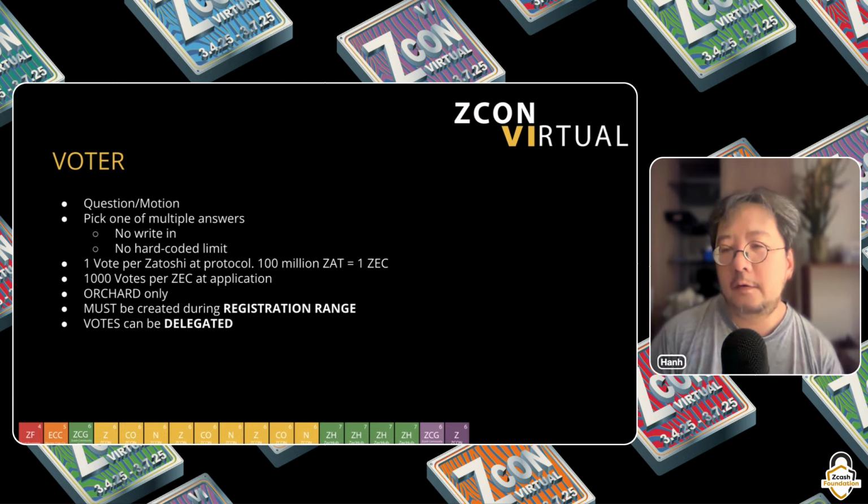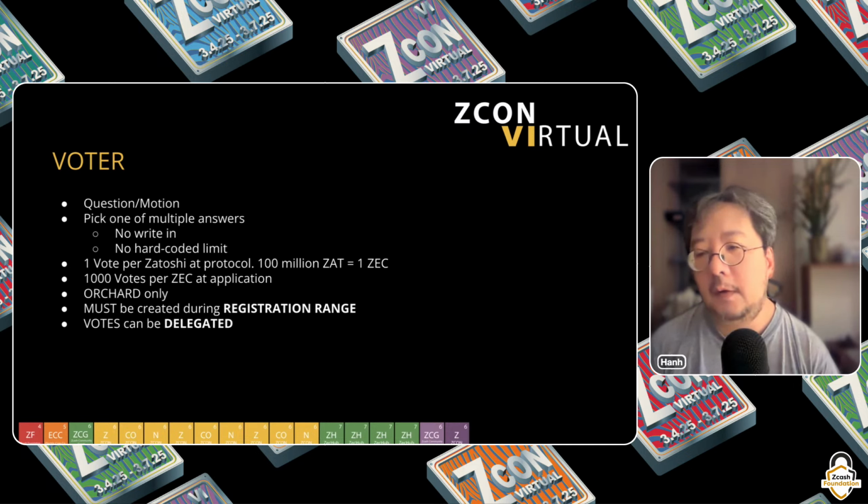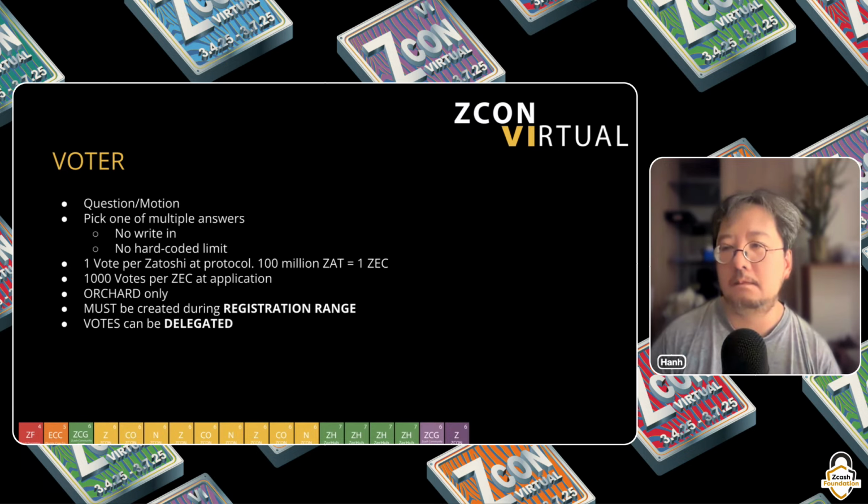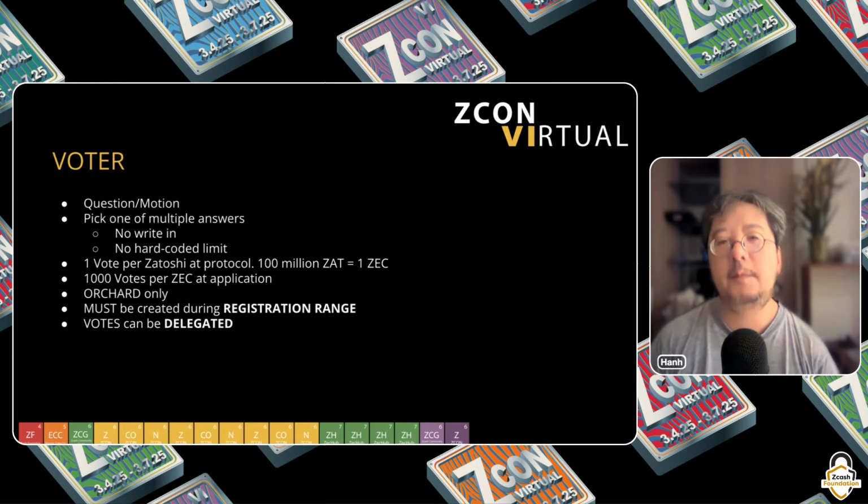So the voter, the elector, is the person who is going to cast a vote on a particular motion. The first parameter is obviously the question. For example, we can have an election that says, what is your favorite cryptocurrency?